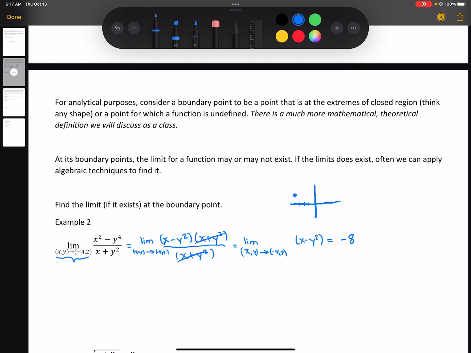When we say we converge to a point for a limit in at least three-dimensional space, what we're saying is that you can approach this point in any direction, and the height that this function will be above the XY plane at that point is, well, in this case, below the XY plane, would be -8.